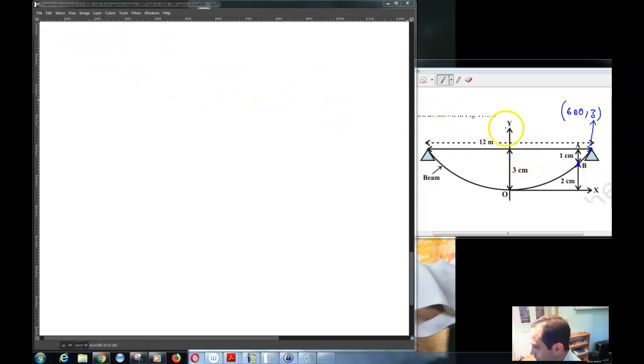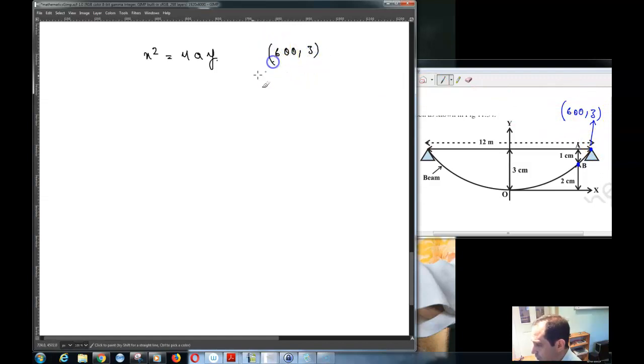So the equation of this parabola can be written as x squared is equal to 4ay. Now if the parabola goes through the point 600, 3, then I can write 600 squared is equal to 4 times a times 3.